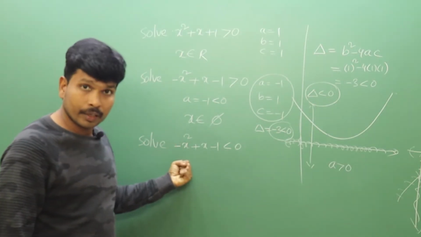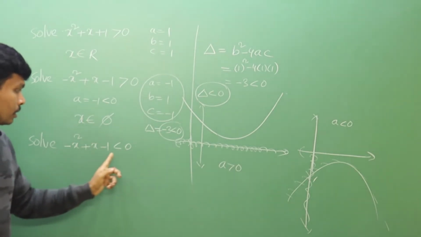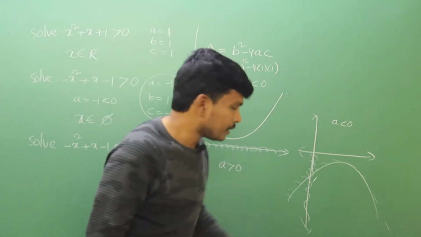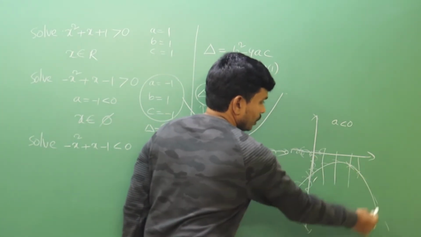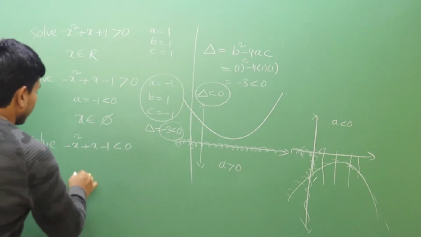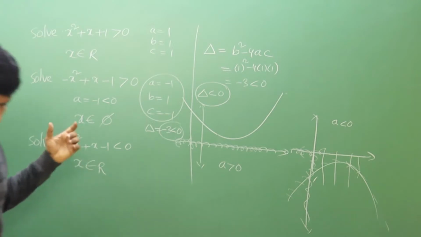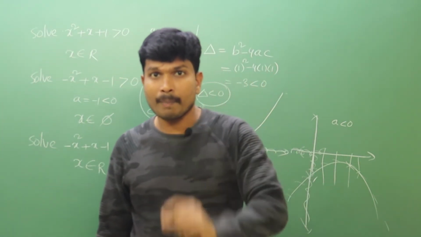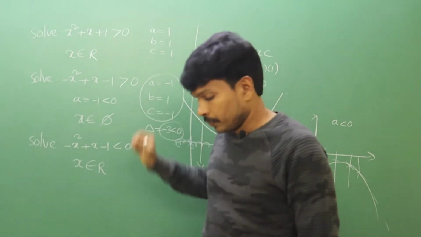What are the x values for which this expression is negative, less than 0? Yes, all values. You take any x value, its related y values are negative only. So here x belongs to the real numbers.